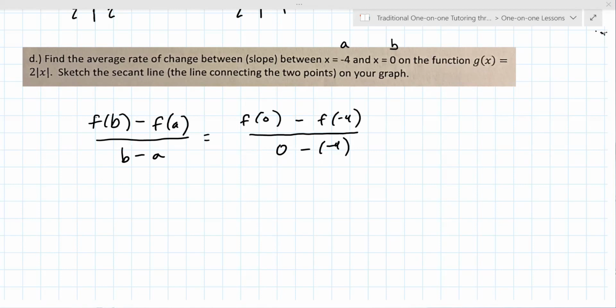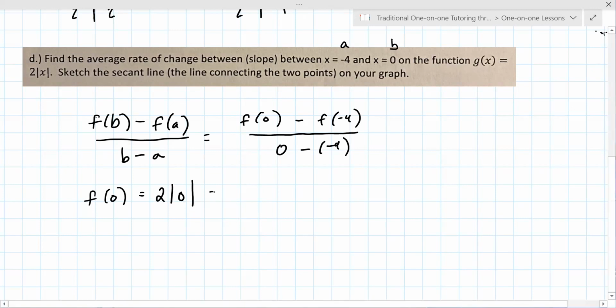All right. Okay, so f of 0, it comes from this function here. So it's 2 times the absolute value of 0. What is 2 times the absolute value of 0? The absolute value is 0, yes. 0. And 2 times 0 is? 0.